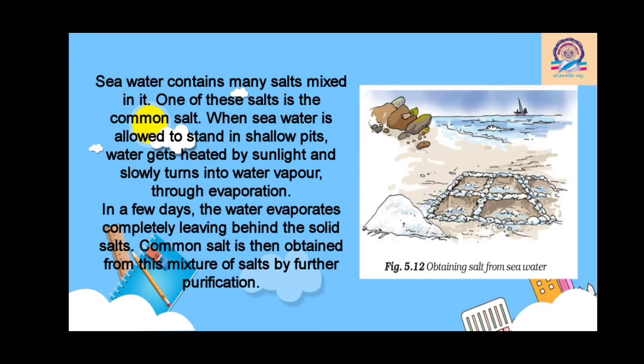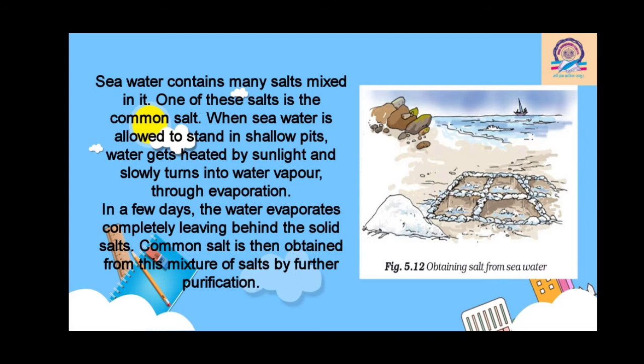Have you ever wondered how our salt is created? Seawater contains many salts and one of them is our common salt. When seawater is collected in shallow pits, the water gets heated by sunlight and that turns the water into vapor, and that is evaporation.